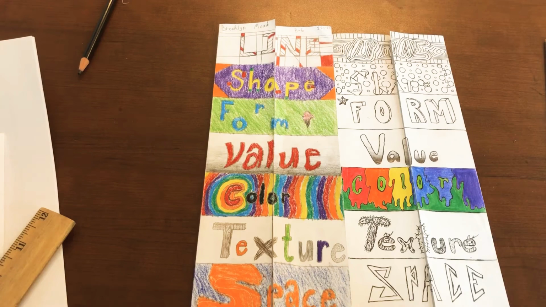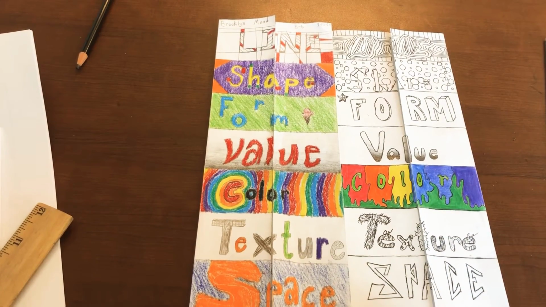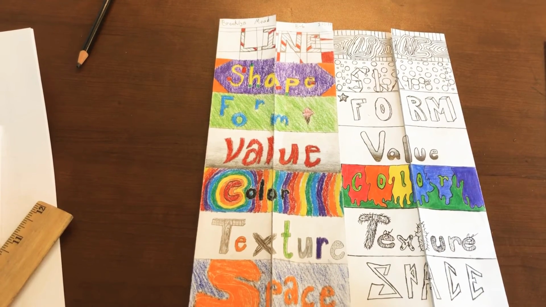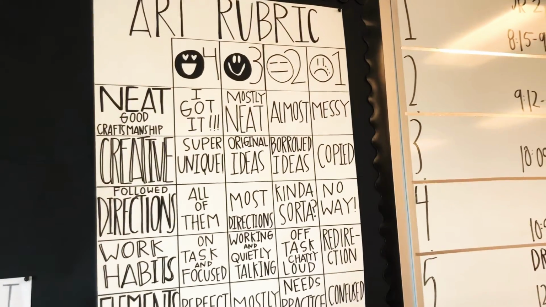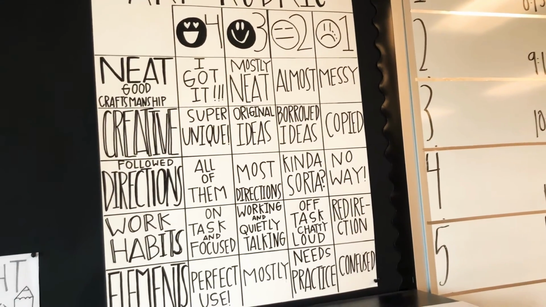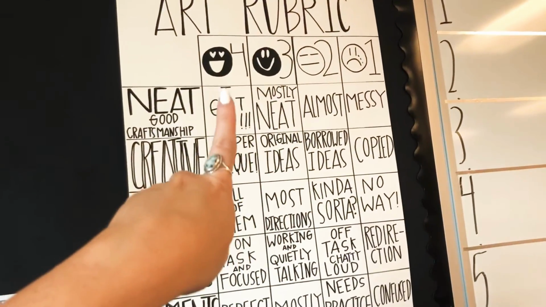I want to take you guys over in my classroom to an art rubric. So let's jump into the art rubric. We are in my classroom right now, and this is the art rubric that I'm going to be using every single time to grade your assignments. You always want to be in the smiley face.